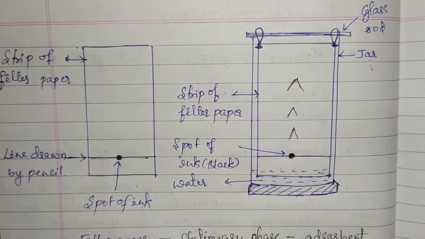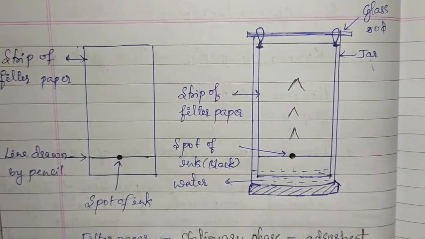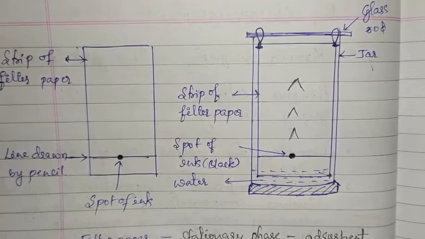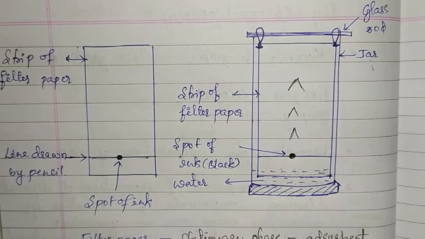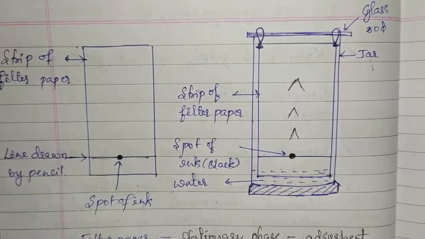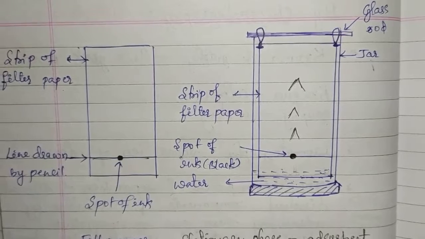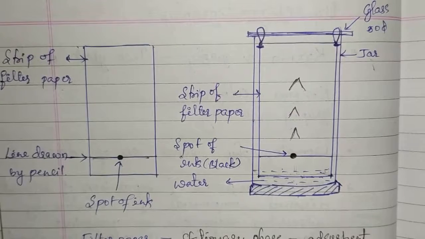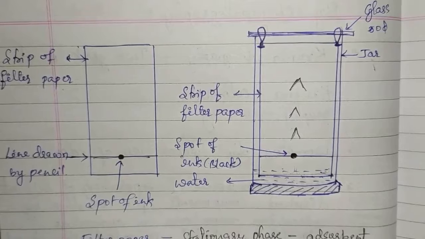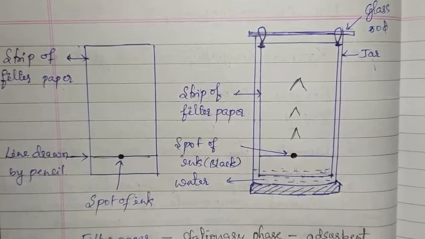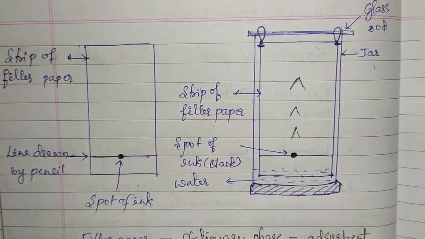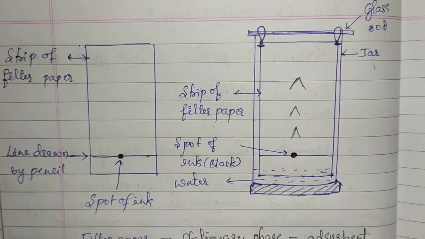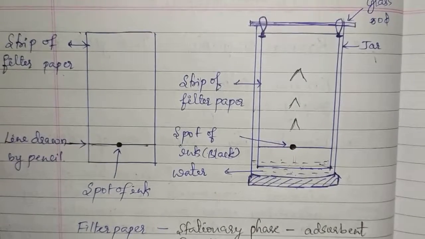And here the water is the mobile phase. This filter paper is solid, and the water is liquid. Like this we can separate the dye of an ink by using this chromatography technique.